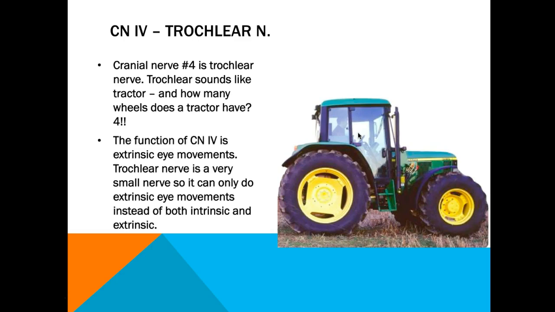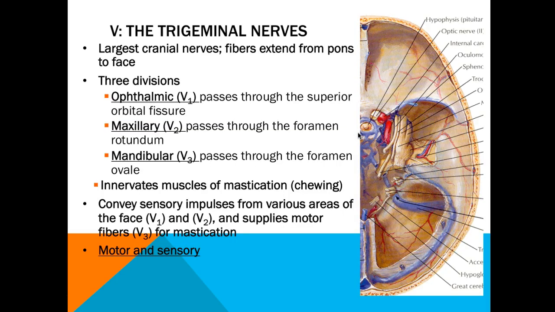Also, you may not see the trochlear nerve in the lab. It is a very small nerve because it's heading over just to one muscle. And so usually when we take the brain out of the cranial cavity, this nerve ends up tearing, and if we're lucky, we might see just a small portion of it.